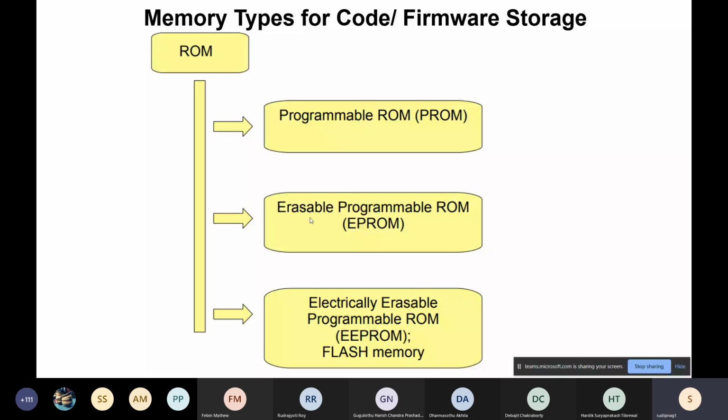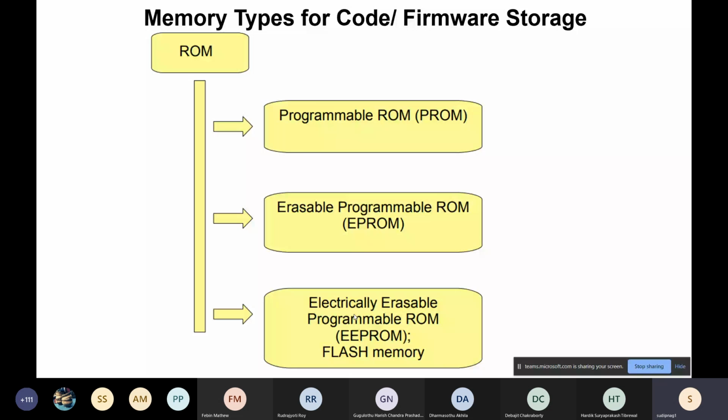And if you have a mobile phone now, for erasing or deleting something, needing an ultraviolet source is very inconvenient. So people came up with even better solutions, that is EEPROM, electrically erasable and programmable read-only memory. EEPROM replaces the optical method of erasing.